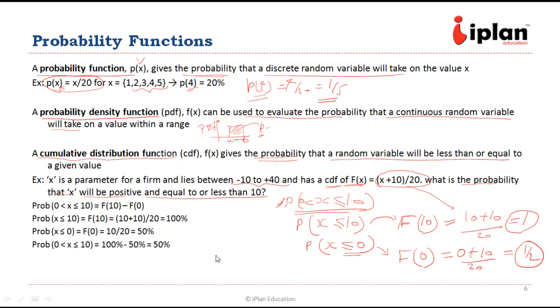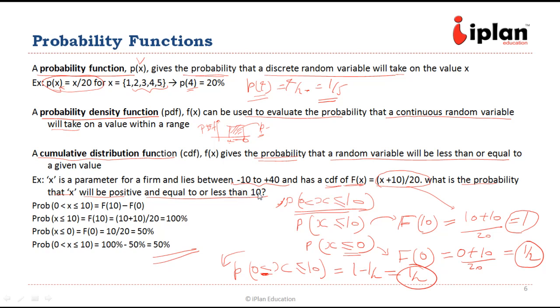So that indicates the probability of x being greater than 0 and less than or equal to 10 is 1 minus 1 by 2, that is 1 by 2, or 50%. So that is the significance of a cumulative distribution function.